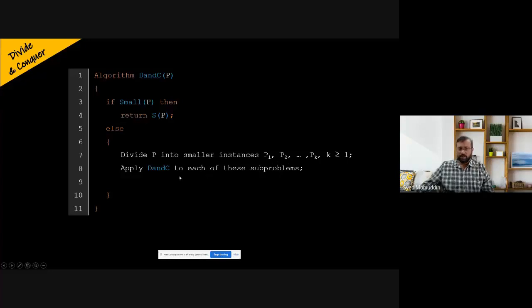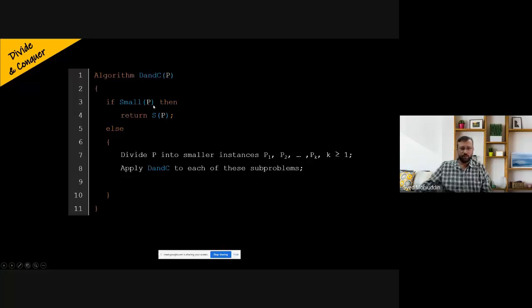Now remember here, we say we are applying divide and conquer. So what does this mean? This means that it will be a recursive algorithm. So we apply divide and conquer to each of the subproblems. P1 is again passed to divide and conquer, so instead of P, we have P1 here.